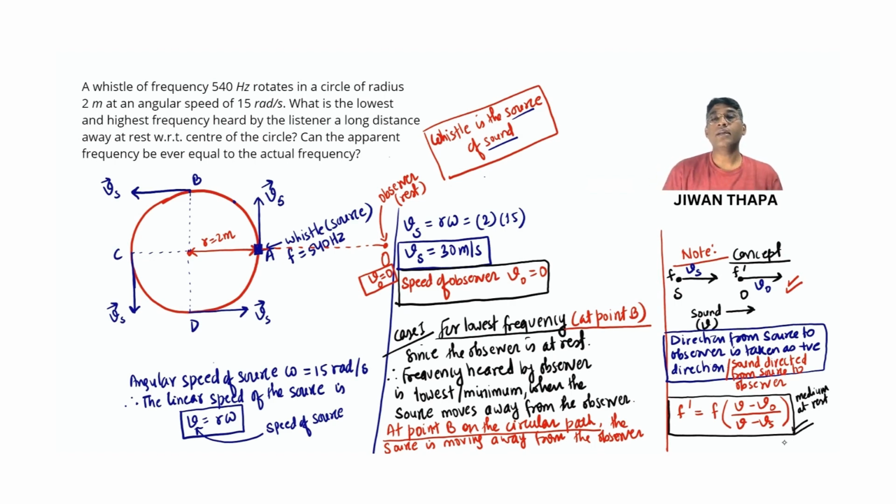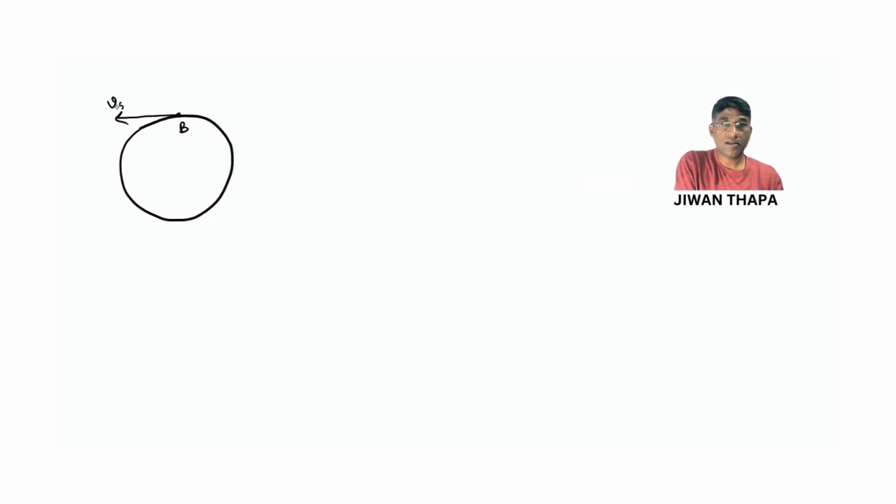Now, as I said earlier, we are going to generalize this expression for different cases occurring in Doppler effect. Now for case 1, this is point B, and the velocity of source is directed along this direction, and we have observer at rest.